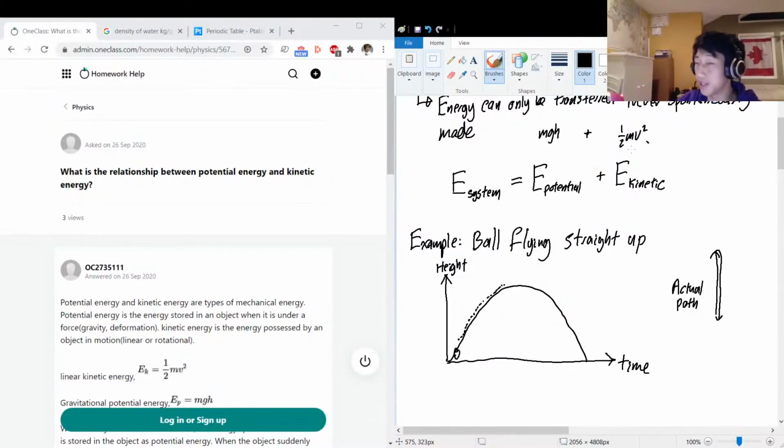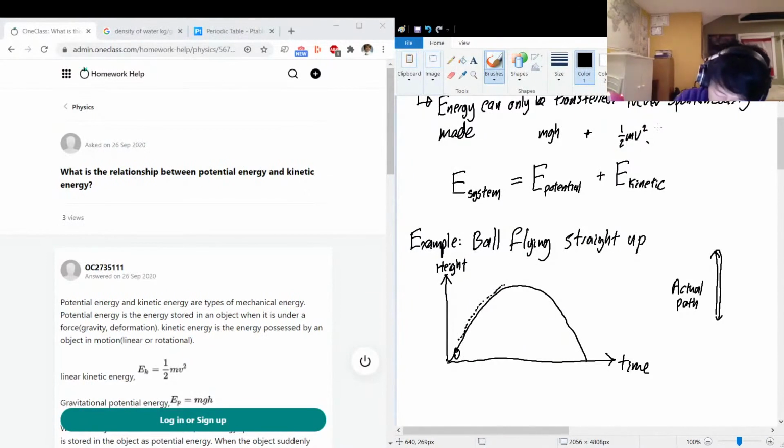At that point, all of the energy inside that ball is going to be potential energy. And then it's going to lose potential energy as it moves down, because as it moves down, it's accelerating. It's going faster and faster. If you ever fell, you've probably experienced that before. So as it goes up, the potential energy increases.